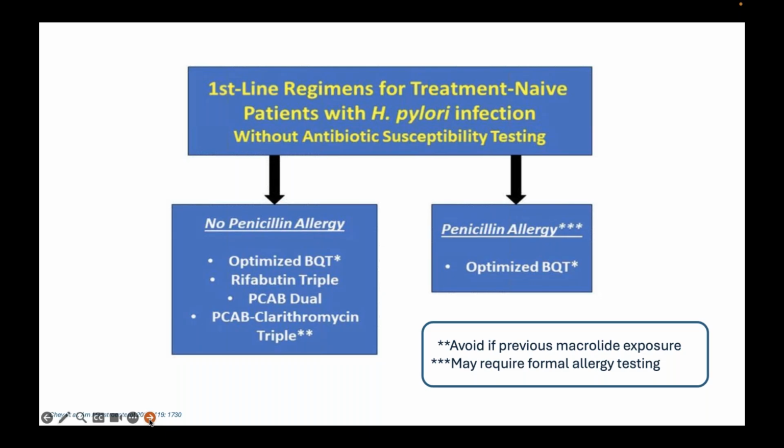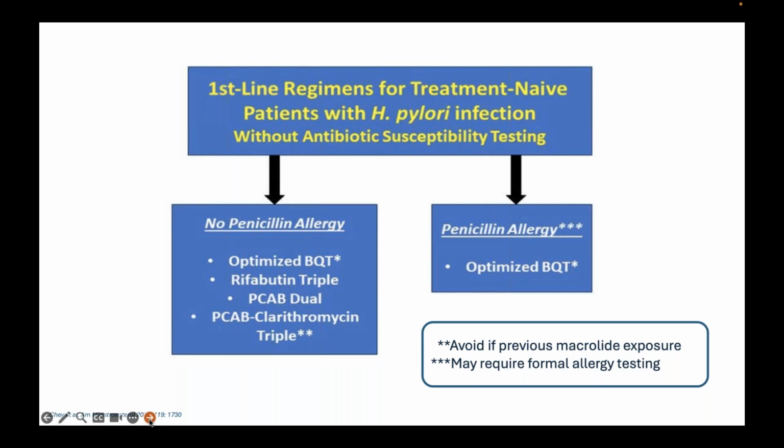If the patient does claim an allergy to penicillin, then this should perhaps be questioned and ascertained by routine allergy testing. And if allergy testing shows that there is not a true penicillin allergy, then the patient can safely receive amoxicillin as part of the treatment regimen. However, if the patient is allergic to penicillin, then optimized bismuth quadruple therapy is our recommended treatment.